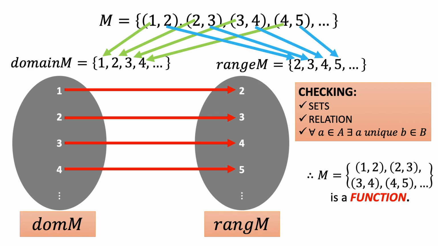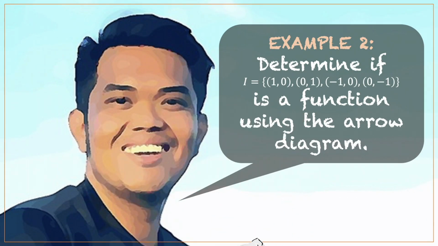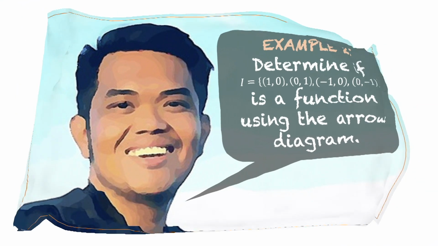Let's have another example. Here, we will determine if set I is a function. We saw that the ordered pairs of set I are (1, 0), (0, 1), (-1, 0), and (0, -1). In writing the set of domain I, we know that each element must be unique.